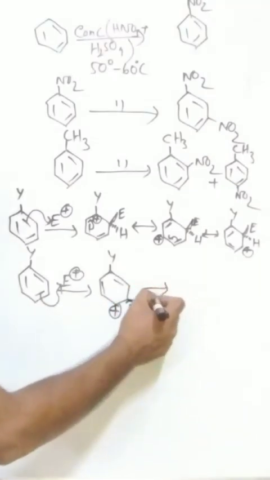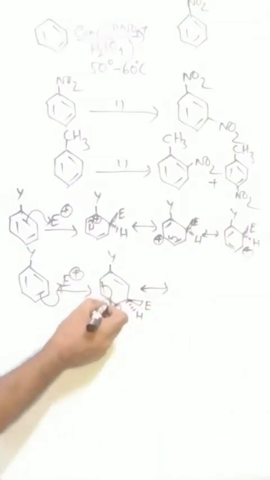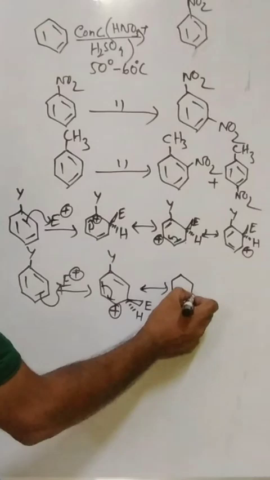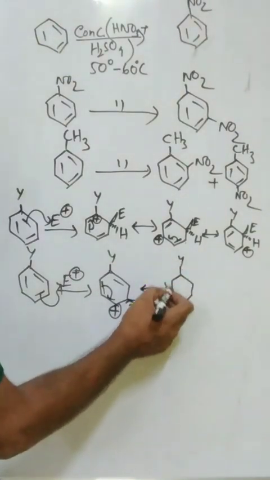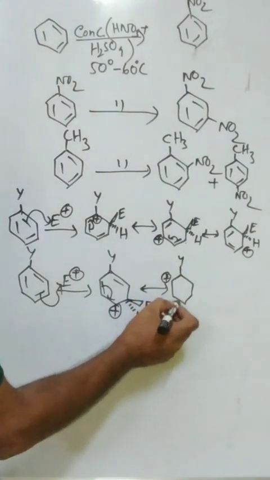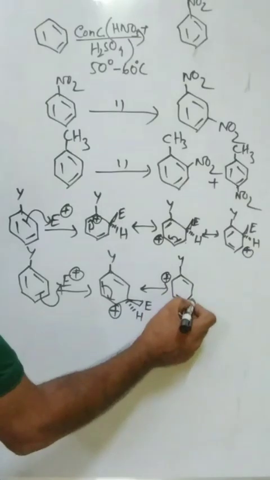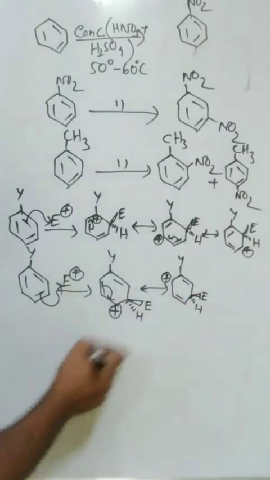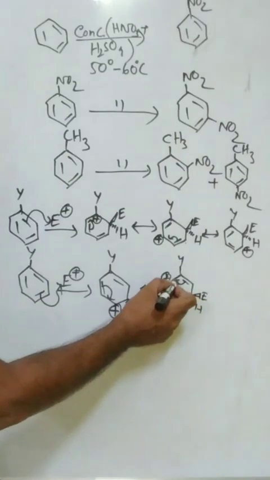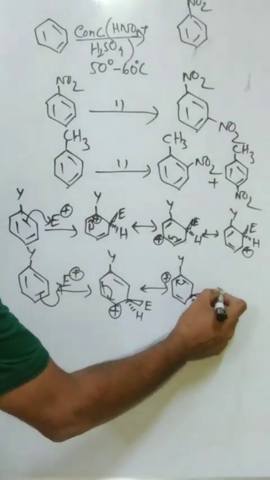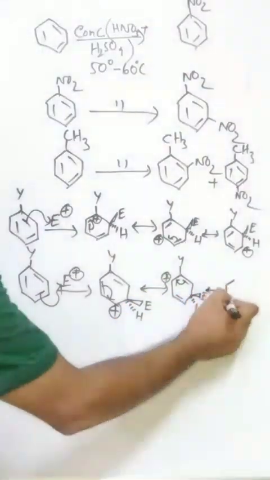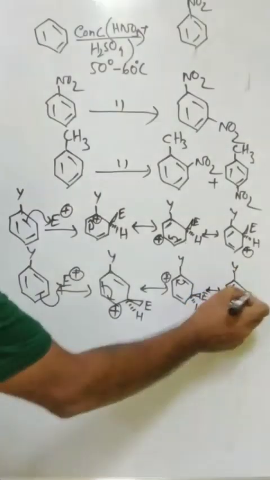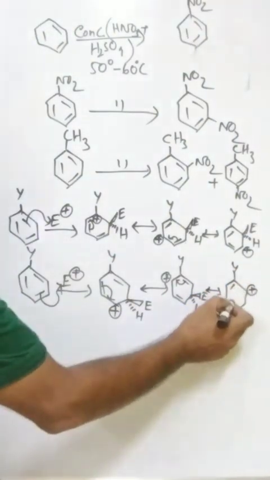Next, for the resonating structures, this bond shifts here to form another resonating structure. The positive charge shifts here, with the double bond, electrophile and hydrogen. Next, this bond shifts over this bond, giving another resonating structure. Here the positive charge comes.